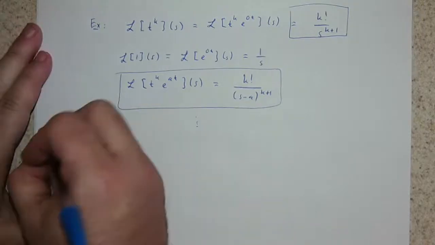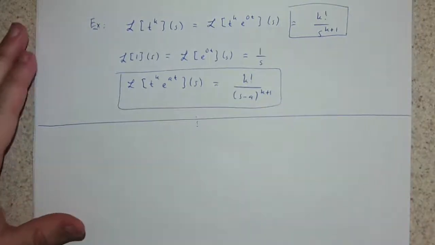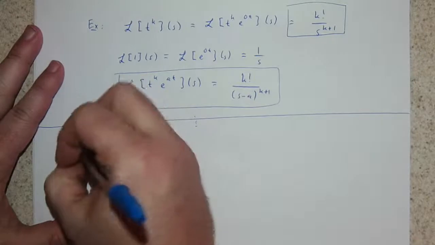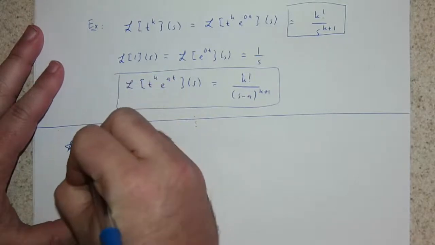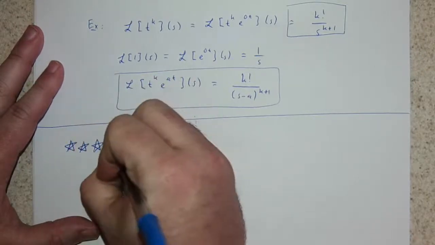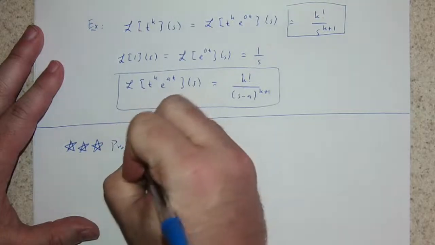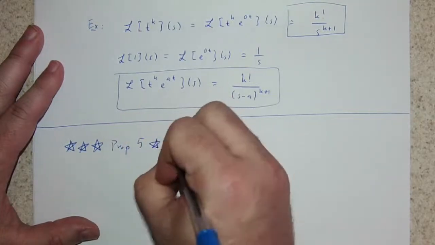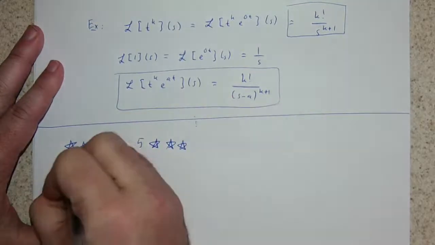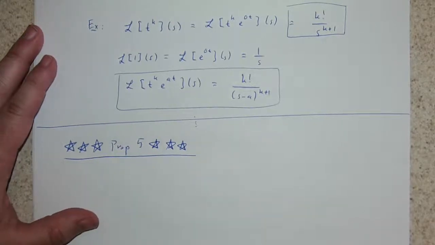Now, the next property is extremely important, so I'm going to put stars next to it. This is important enough that technically you are going to use this in every Laplace transform problem.